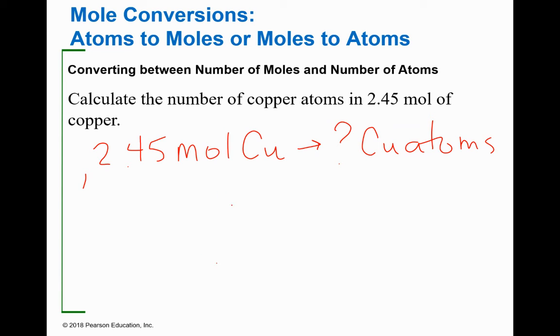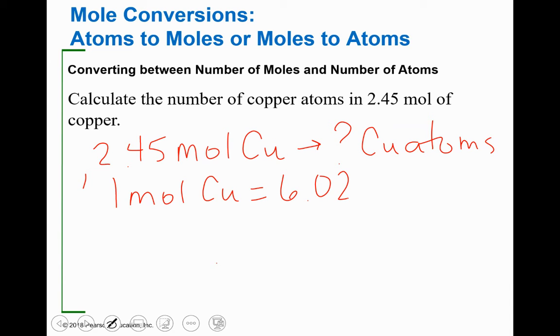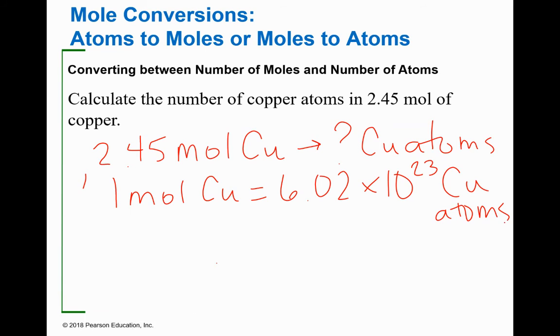Okay, so here I know I want to go from moles to atoms, so I need Avogadro's number. I know that 1 mole of copper is equal to 6.02 times 10 to the 23rd copper atoms. Okay, so that's going to be my ratio. That's what I'm going to use in order to convert my 2.45 moles into atoms.